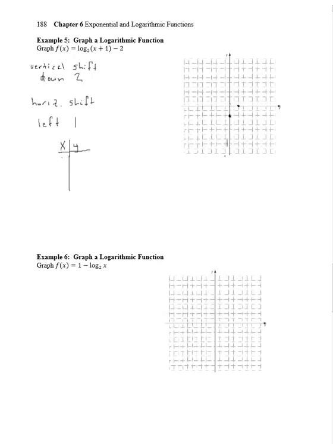So we've got something that looks like this, more or less. Now, you'll notice we had a horizontal shift left 1. So our vertical asymptote moved from x equals 0 to x equals negative 1.